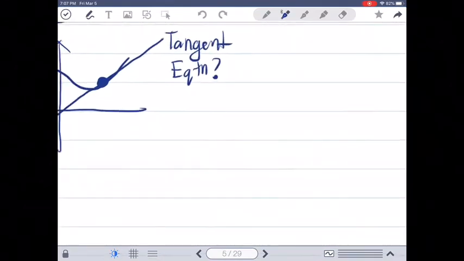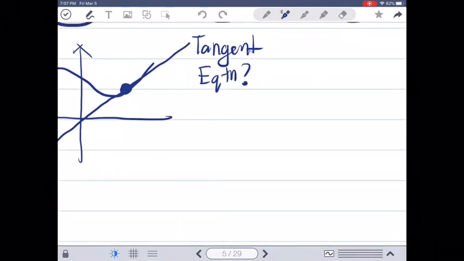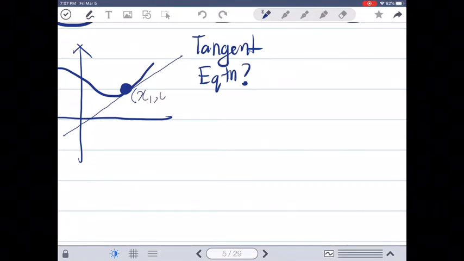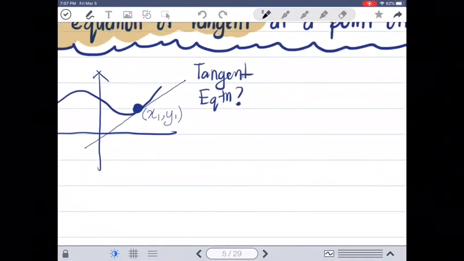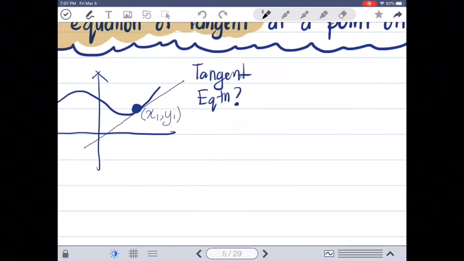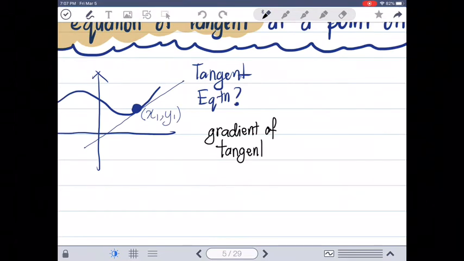Before that, say that the tangent hits the curve at this point. I name it as x1, y1. And another point is that the gradient of the tangent, we've talked about this before early in this class.